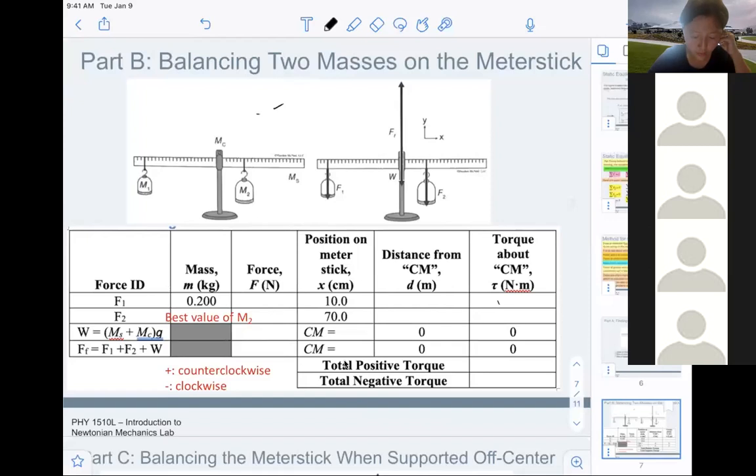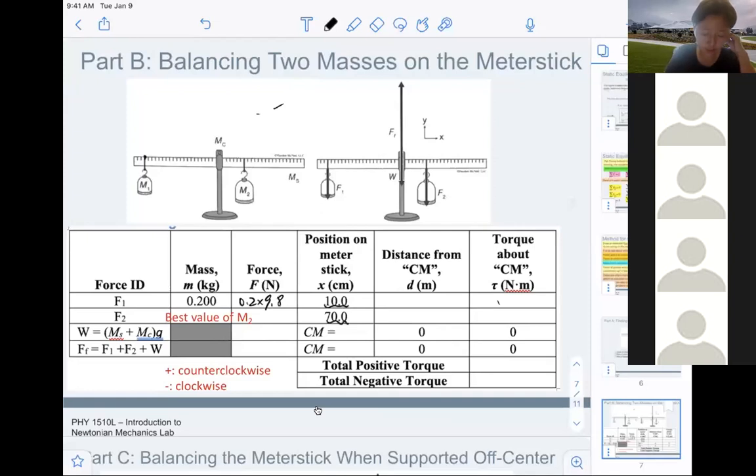So in the lab, you will see what M1 is, how much mass they added. Then force is simply going to be that mass times 9.8 meters per second squared. So that gives you the force in newtons. And this is kept at 10 centimeters. And the second force, they keep it at 70 centimeters.